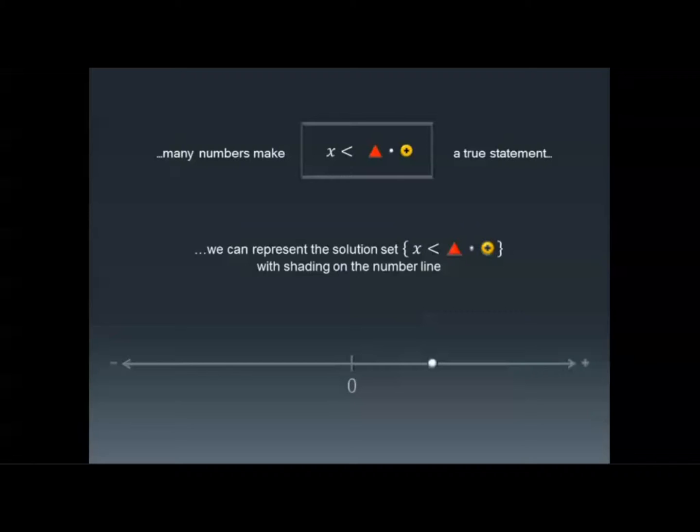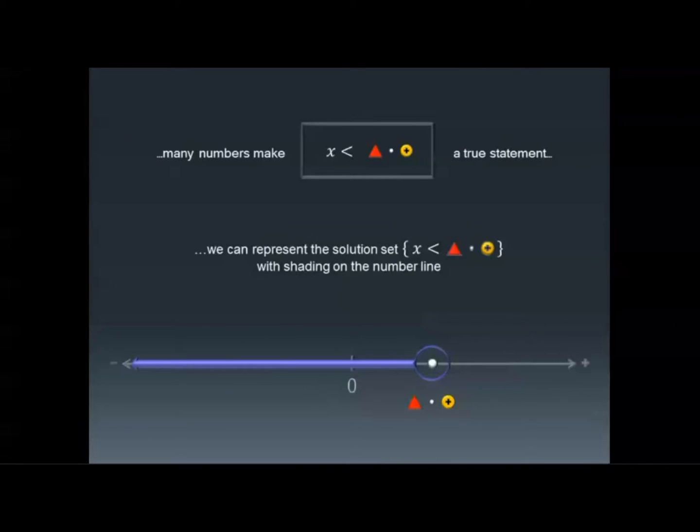We mark a point on the number line that represents the value of the expression, wherever that may be. We draw an open circle around that point because it is a boundary point. It does not represent a value that is part of the solution set. It helps us describe the solution set.